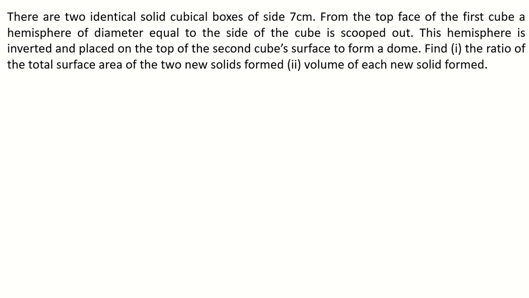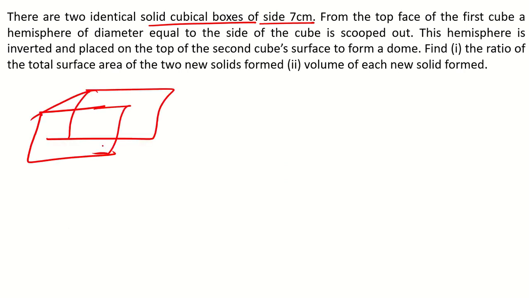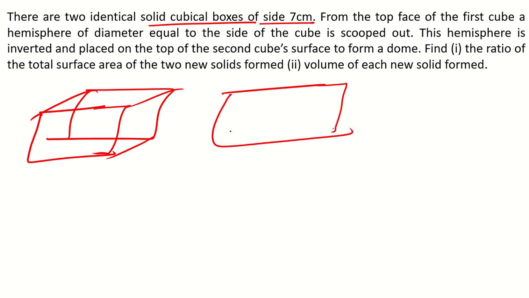Now there are two identical solid cubical boxes of side 7 centimeter. One cubical box here, and another box here also. I'm making one box, 7 here, 7 here. From the top face of the first cube, a hemisphere of diameter equal to the side of the cube is scooped out.